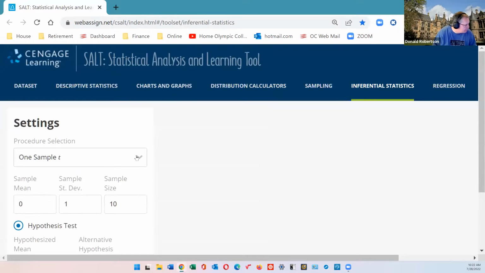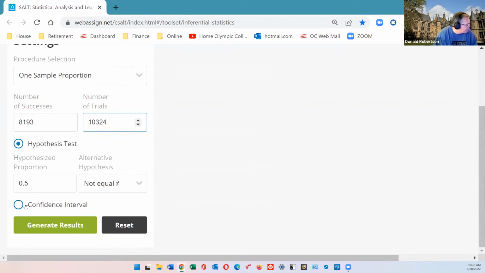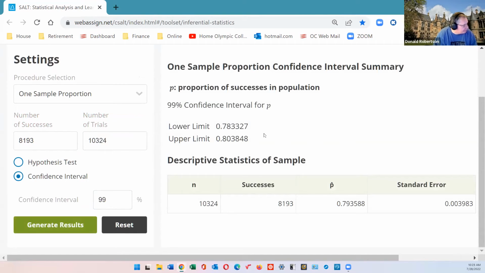here we go. One sample. Number of successes is 8193, out of 10,324. I want a 99% confidence interval, and we're good.